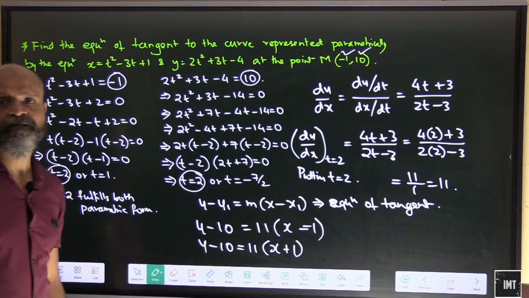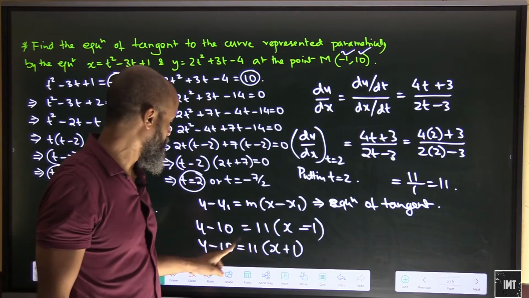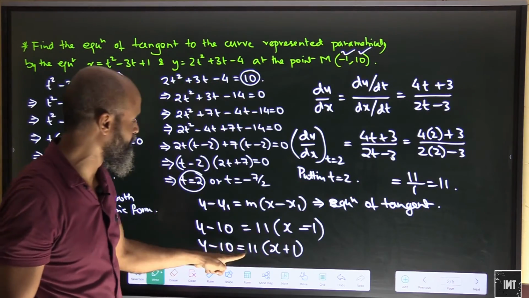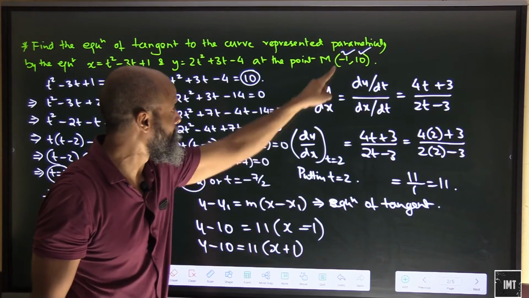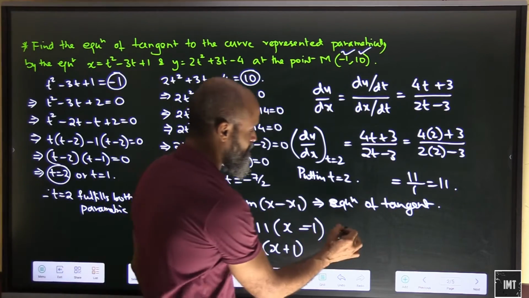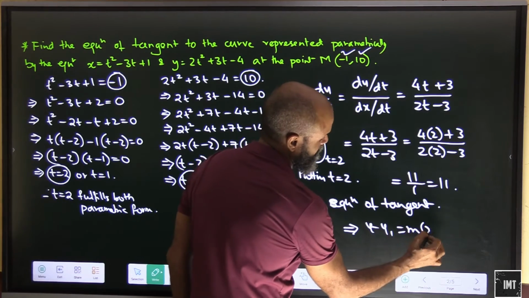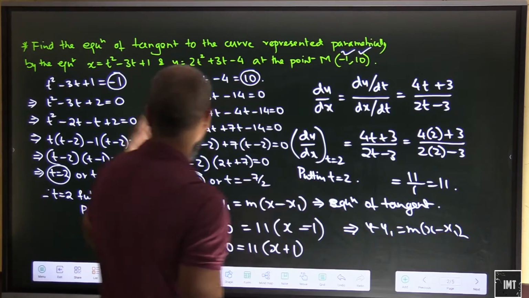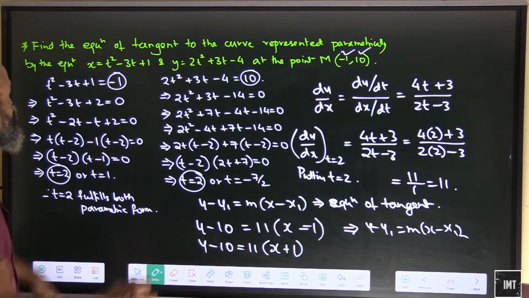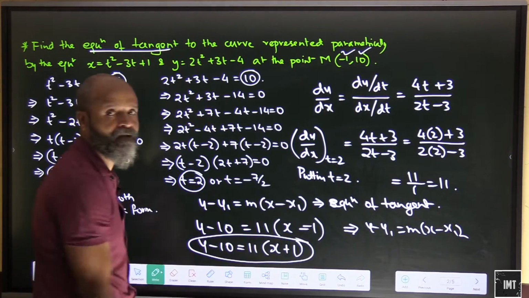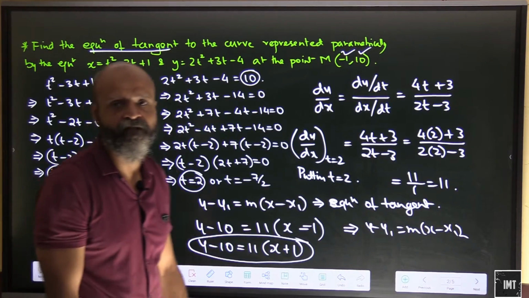We can expand this further. The slope of the tangent we have already calculated, 11, into x minus 1. So basically this is the form y minus y1 is equal to m into x minus x1. We are expanding that form here. Okay, we were supposed to find the equation of the tangent, so this is basically the equation of the tangent. We can simplify it further, of course.